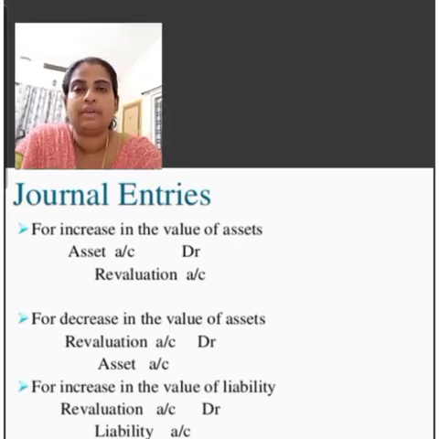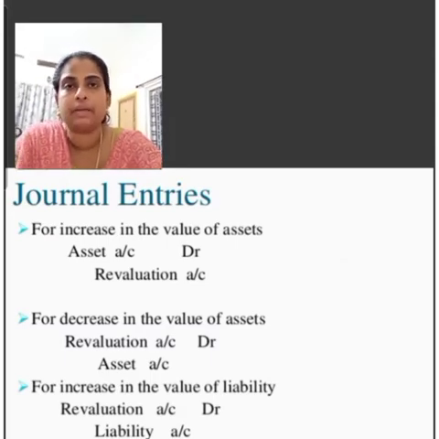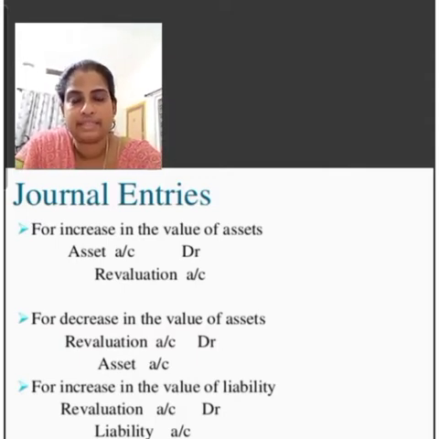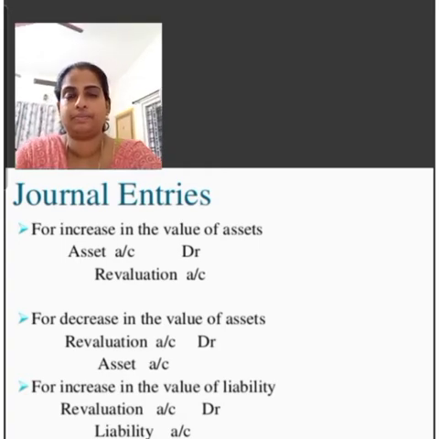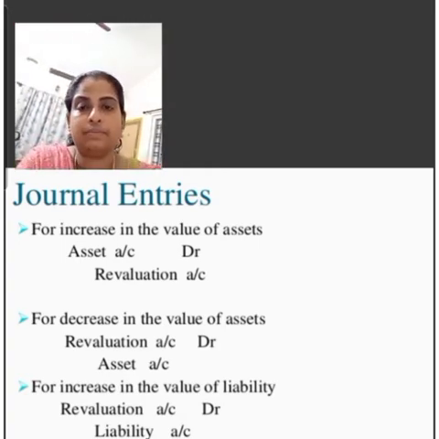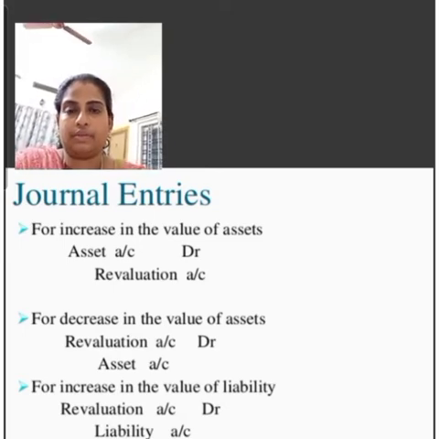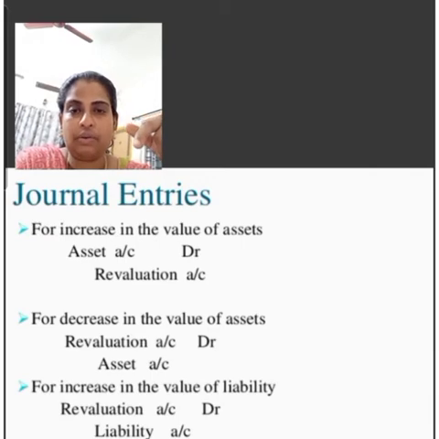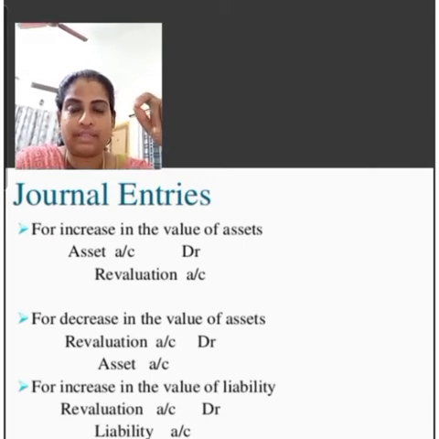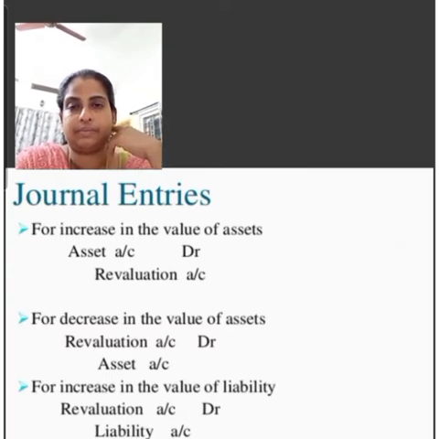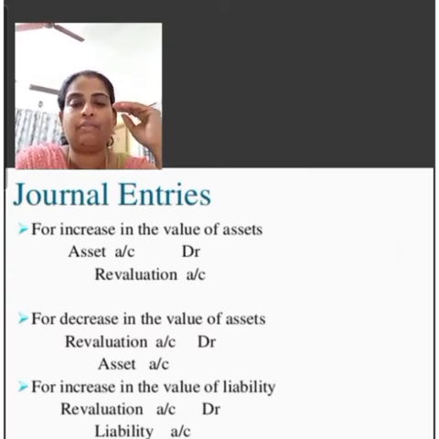The increase in the value of asset as compared to the book value of the old balance sheet is a profit on revaluation. So the entry will be assets account debit to revaluation account. At the time of recording the transaction in revaluation account, we should record this transaction on the credit side as by assets account.